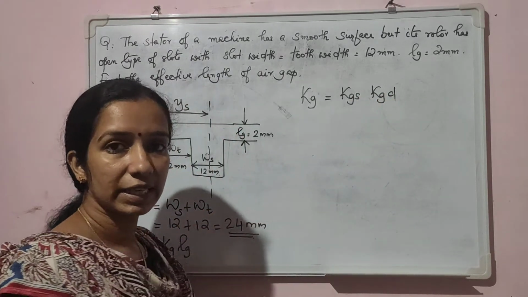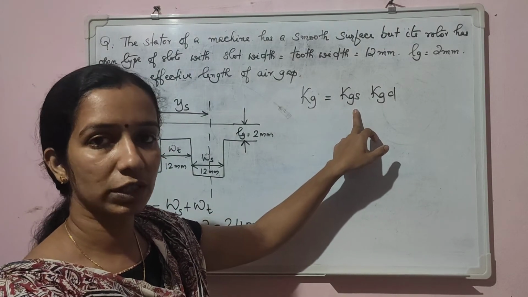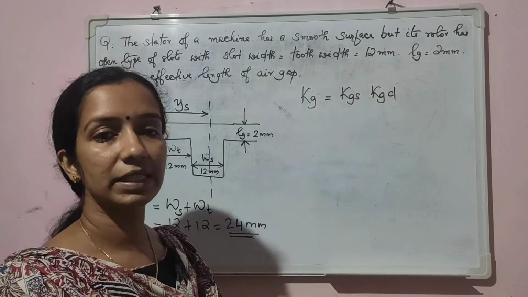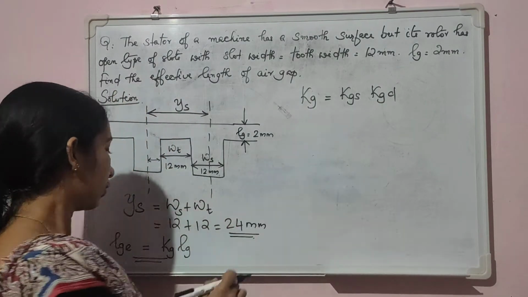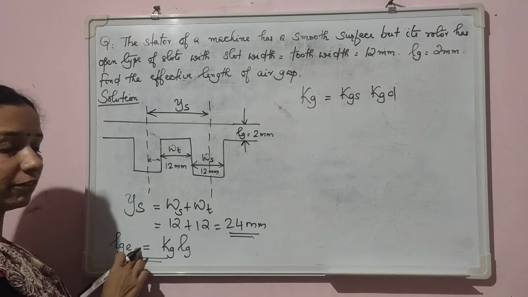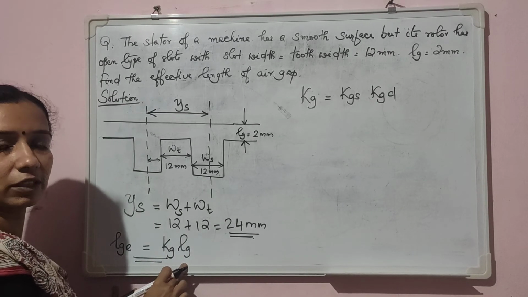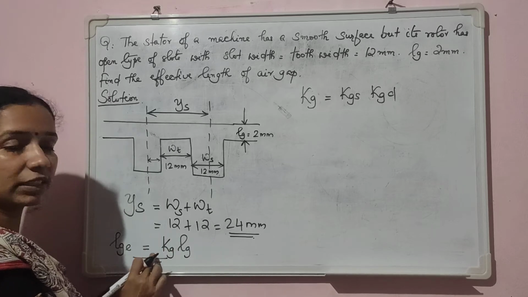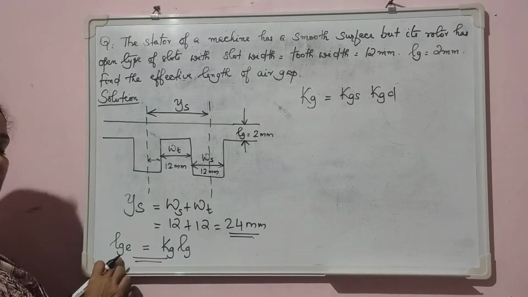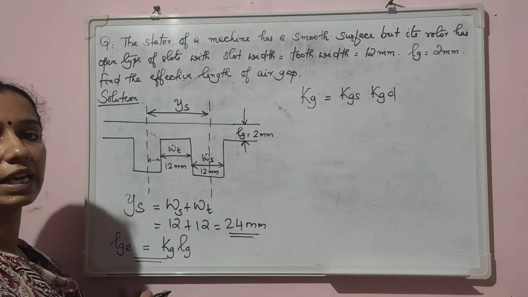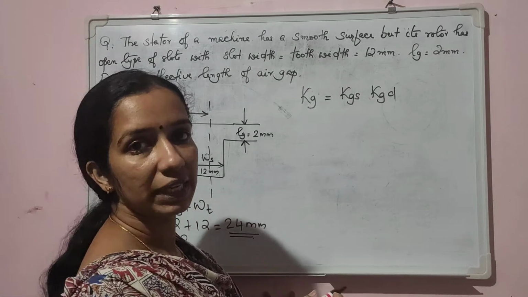Kgs is the gap contraction factor for slots, and kgd is the gap contraction factor for ducts. So in order to calculate Lge, we need the value of kg. Lg is already given. So if we can calculate kg, we can calculate the effective gap length Lge.